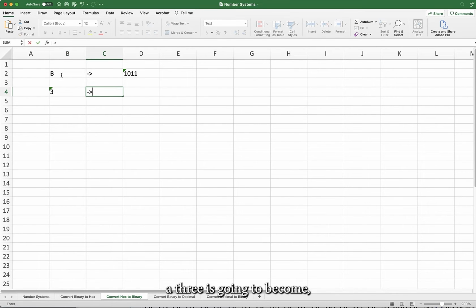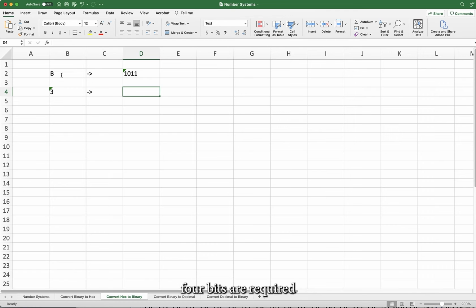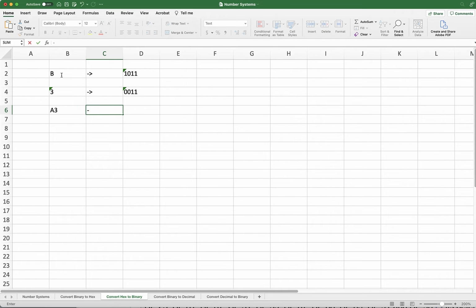A 3 is going to become, and since 4 bits are required to do the conversion from binary to hex, when you convert from hex to binary, you're going to turn it back into 4 bits. So 3 becomes 0011.